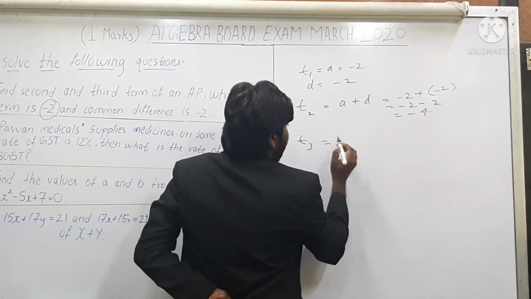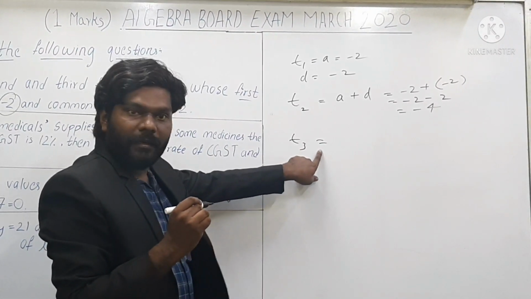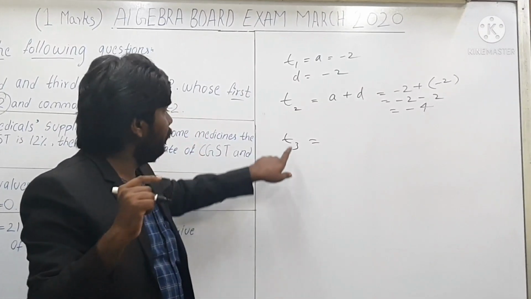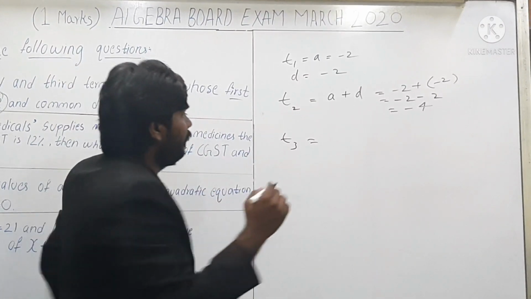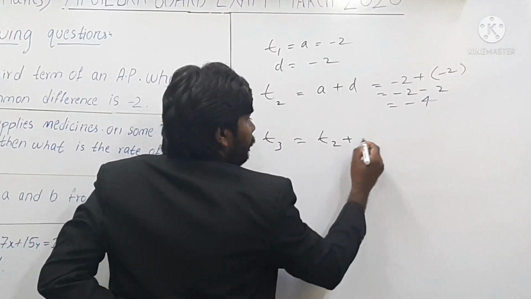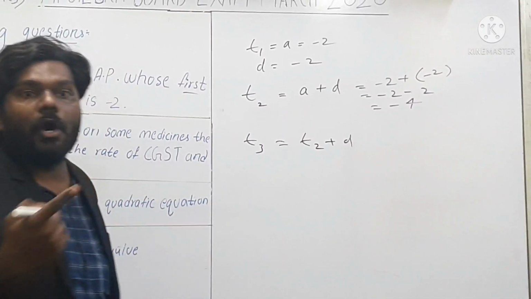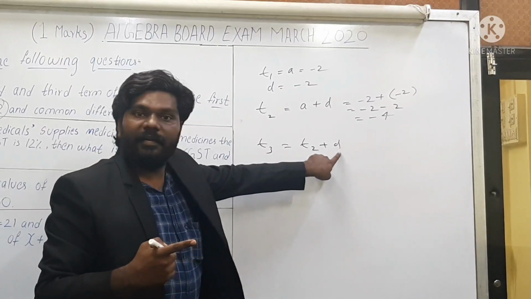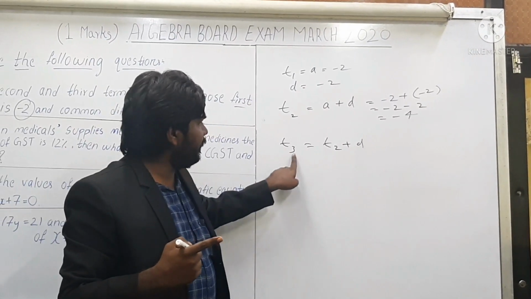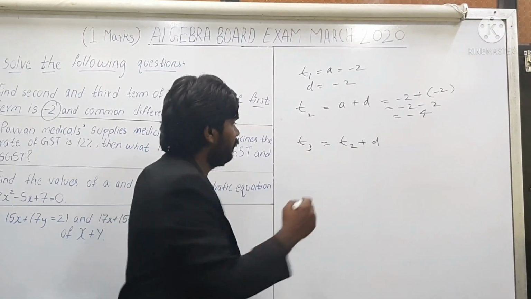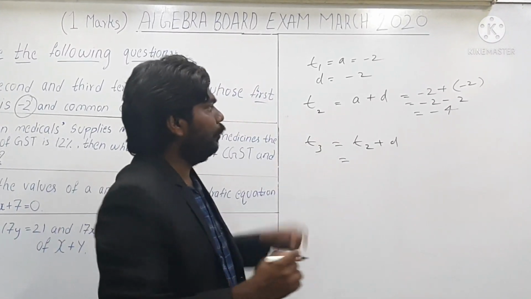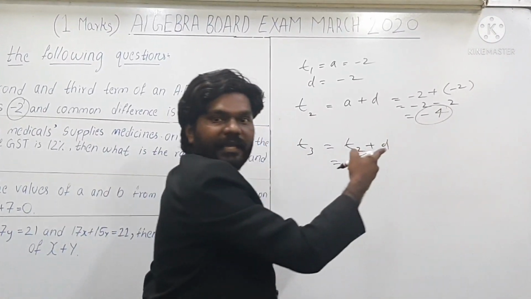Yes. Now see this, T3 is given by T2 plus D. Pay attention, I am finding the third term. That is second term plus common difference. T3 is given by second term plus common difference. That is equal to, what is my T2? -4, we just found it, right? Yes.